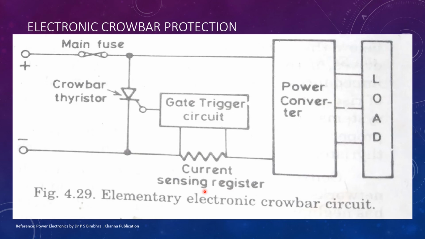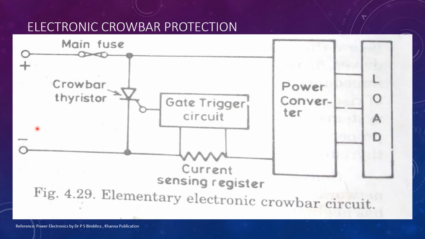If it exceeds a preset value, the gate current circuit provides the signal to the crowbar SCR and turns it on in a few microseconds. The input terminals are then short-circuited by the crowbar SCR and it shunts away the converter overcurrent.